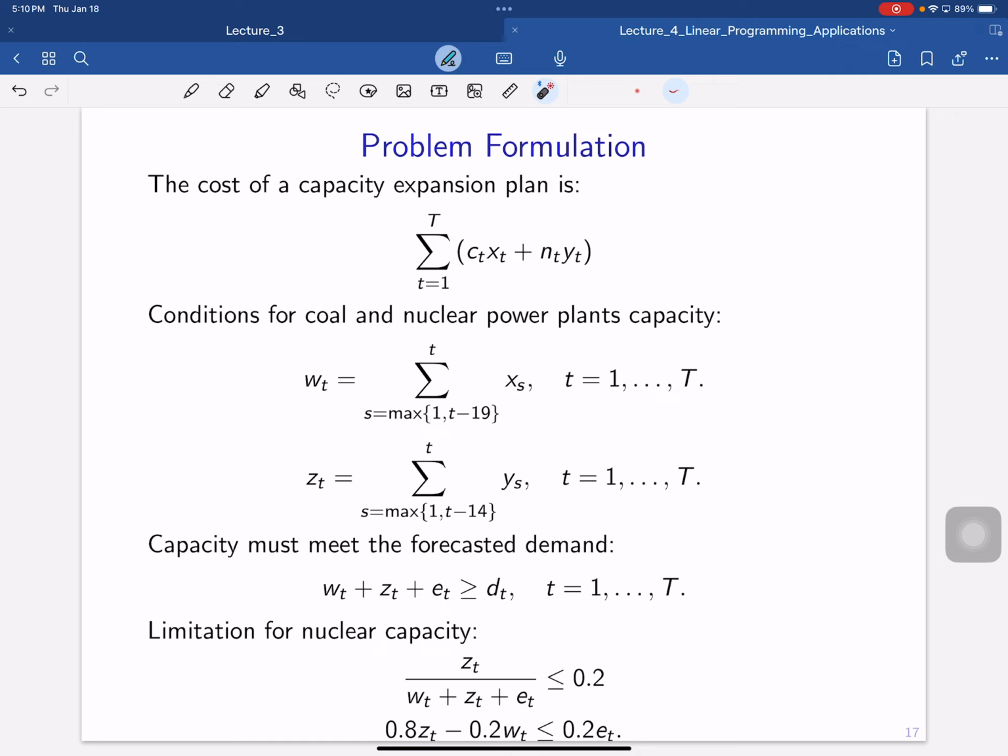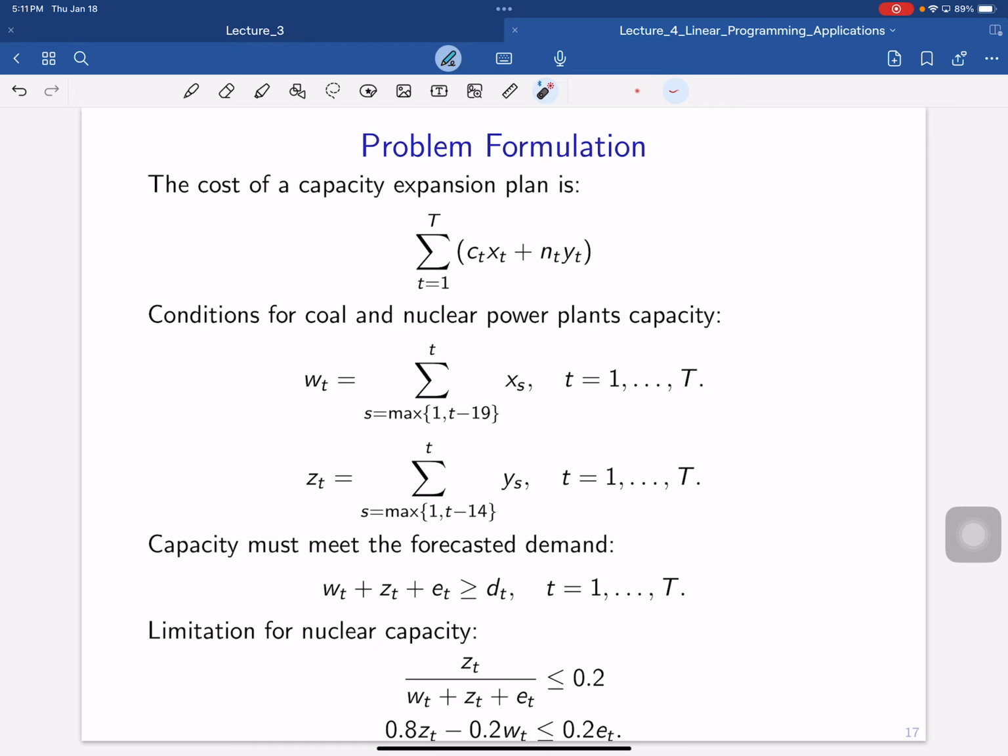And after that, we need to satisfy the demand constraint. The W, Z, and ET are all the power plants that are still operating at a given year. They have to be greater than the demand, okay? And the last thing we need to satisfy is the nuclear capacity.